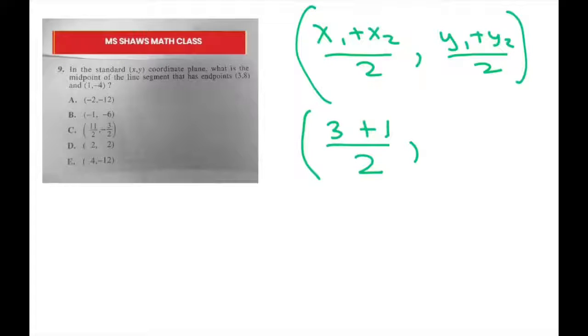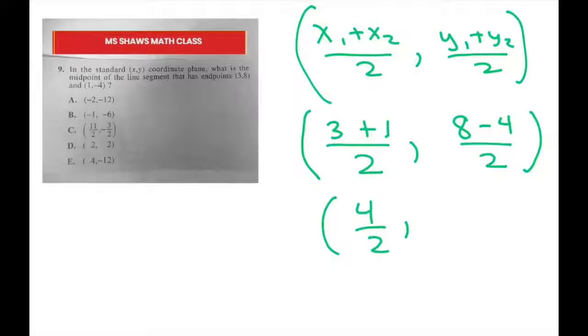And we have 8 plus a negative 4, so that's just 8 minus 4 divided by 2. And that's going to give us 4 divided by 2 and 4 divided by 2, which is 2 comma 2. So your answer is D.